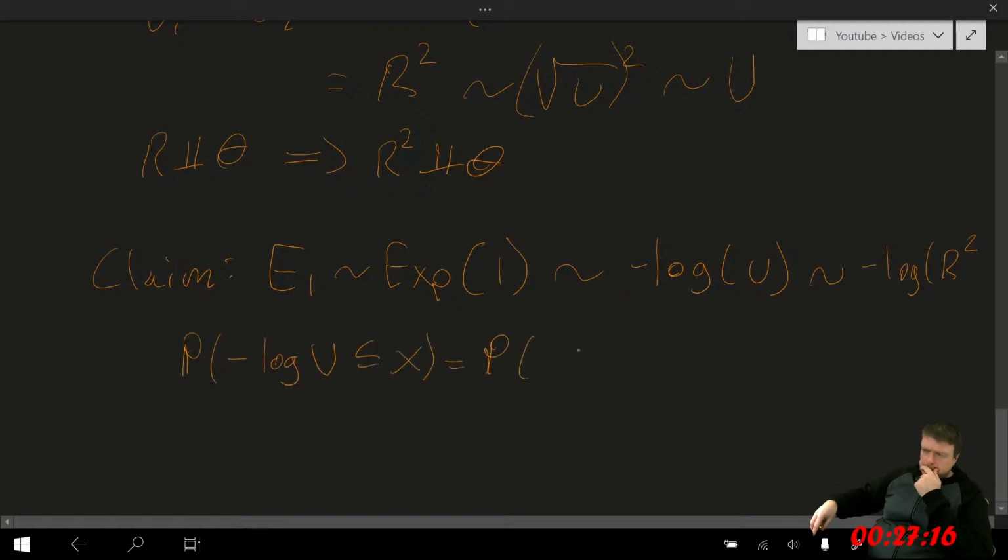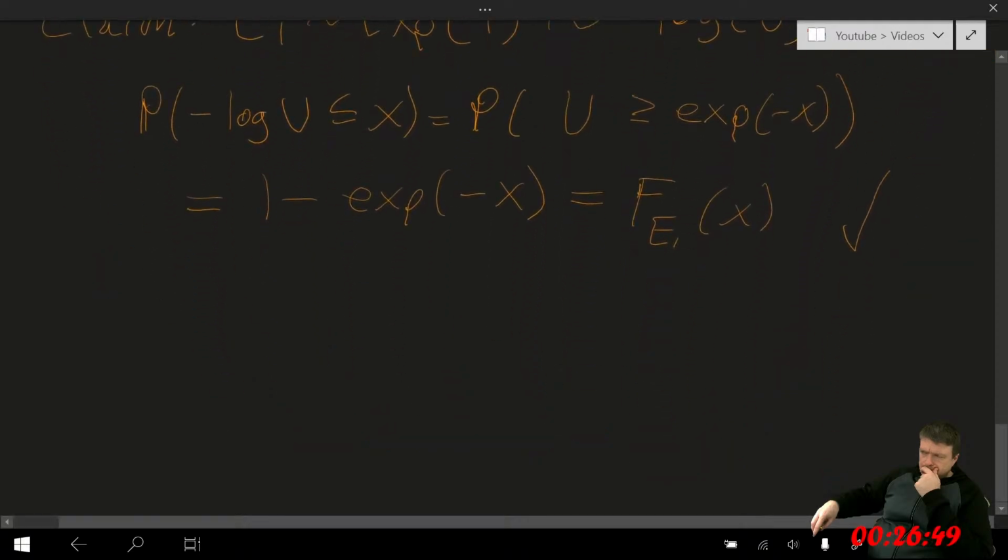If we multiply by minus 1 on both sides, the inequality turns around, then we take the exponential on both sides, so we get that U must be larger than or equal to the exponential of minus x. This is the tail function of the uniform, so this is equal to 1 minus this. But this is exactly the CDF of a standard exponential taken at x. So this is also all right.